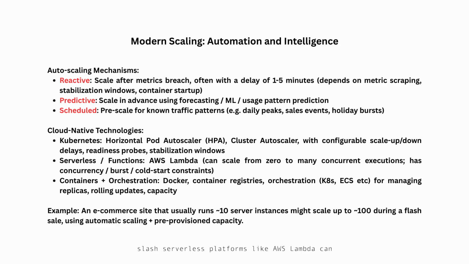Serverless platforms like AWS Lambda can scale from zero to many thousands of executions quickly, but not always instantly for every function, due to cold starts and concurrency limits. The goal is elastic infrastructure that adapts to demand while balancing cost, latency, and reliability.